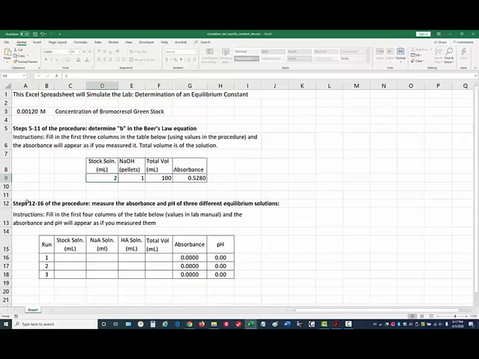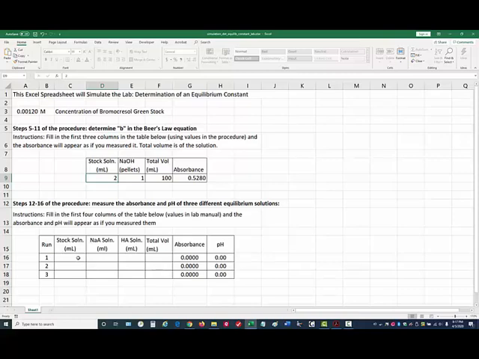Likewise, down in the steps 12 through 16 of the procedure, you're asked to prepare 3 different solutions, and they will have different amounts of the 3 species that we're calculating the equilibrium constant using.